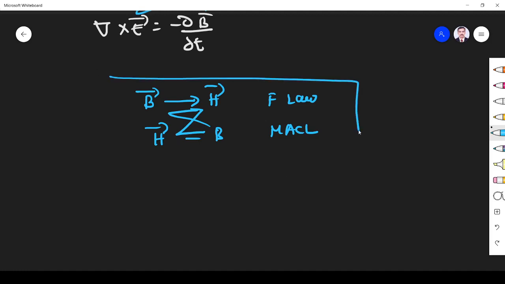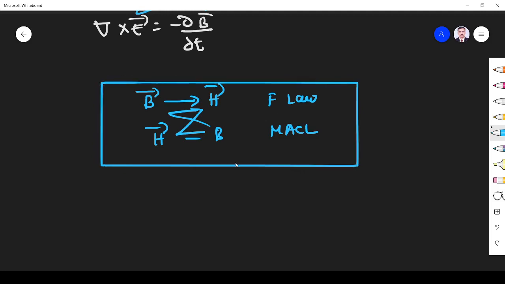That's why Maxwell's law is very, very important. When electric field changes, magnetic field will change. When magnetic field changes, electric field changes. So it's going like that. Fine. So okay, now we got this. Now this is the point form of modified Ampere circuital law. What is that?